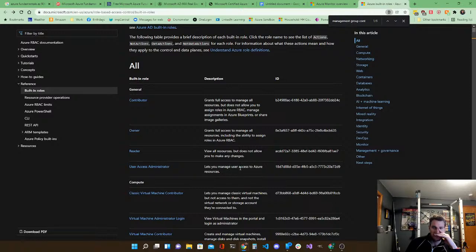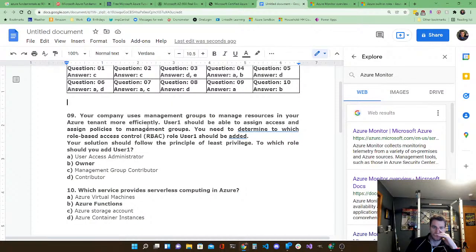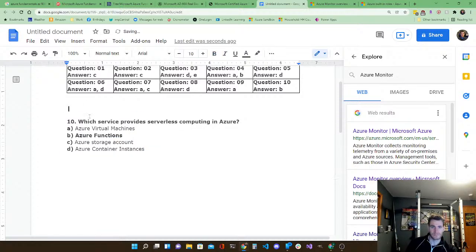And even though here it's talking about manage user access to Azure resources, I guess we also mean management groups, which is at a higher level than the resource, but I guess we're talking about user access. So, okay.